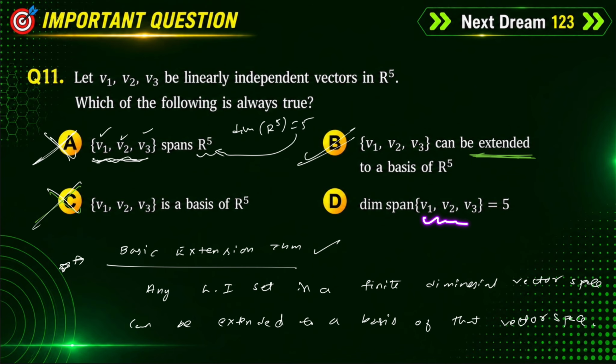This contains only three vectors. The dimension of span of v1, v2, v3 is equal to 3. This is not equal to 5, but 5 is given. This is also wrong. Our answer is only option B.